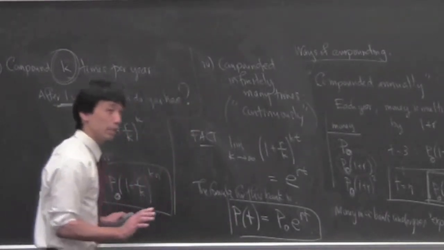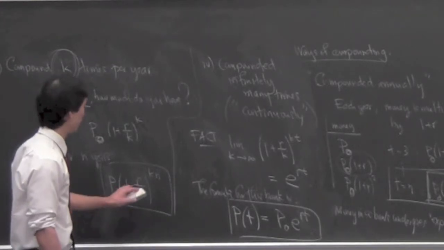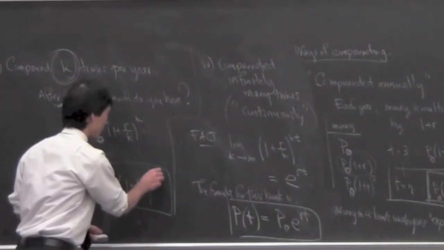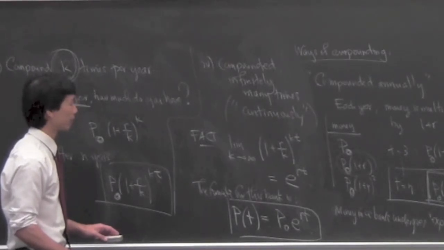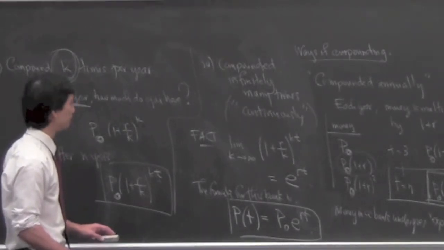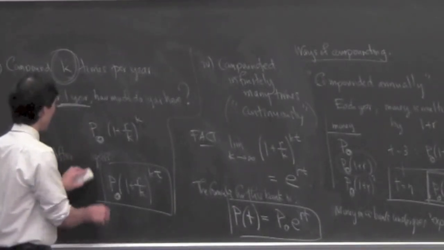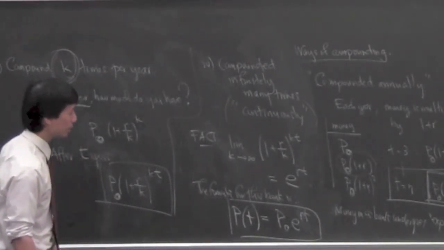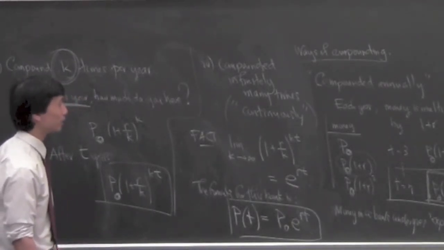Yes, Lauren? In the third example, why did we use n instead of t? It should be t. All of the t's are for time. I should stick to my notes. My notes are correct, but when I wrote it on the board, I changed it.